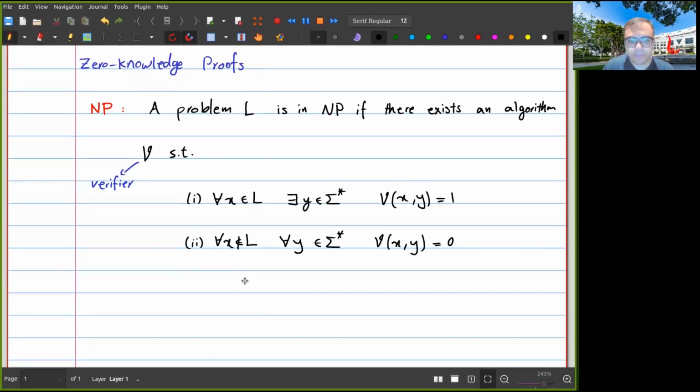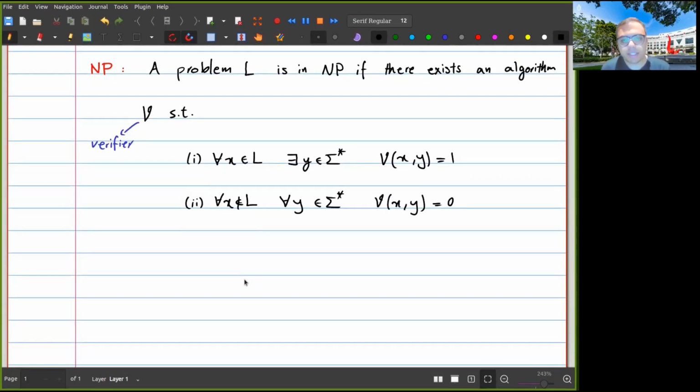Okay. Now, of course, other than this, this is just the definition of a verifier at this point. In order for it to be in NP, I had to have this last condition that said basically these things should happen in polynomial time. So such that there exist polynomials P1 and P2.